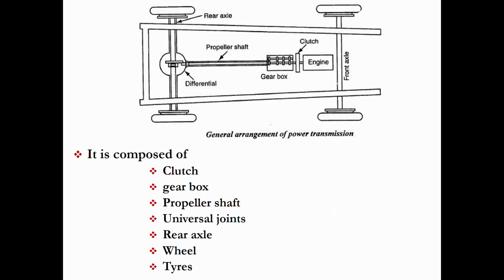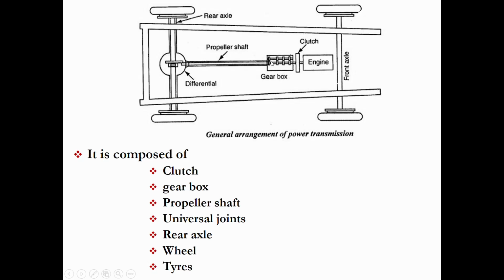Next are the various parts of the transmission system. It has the clutch, gearbox, propeller shaft, universal joint, rear axle, wheels and tires. The power is generated in the engine, which is connected to the clutch, and next to that we have the gearbox.